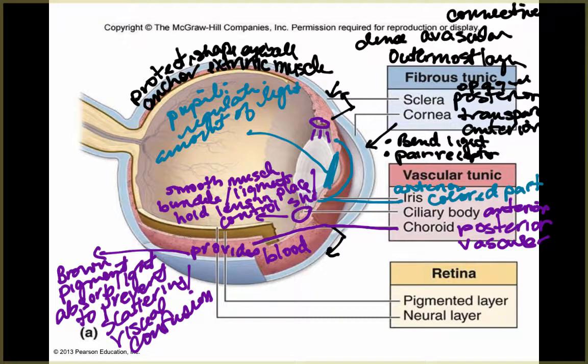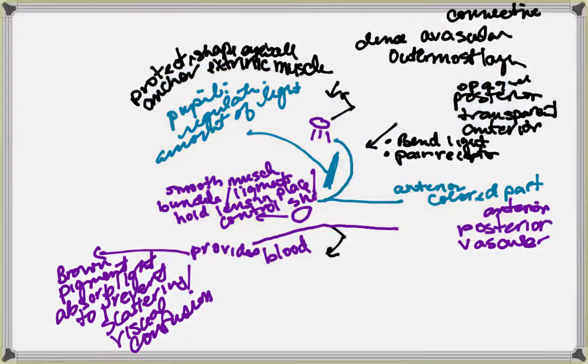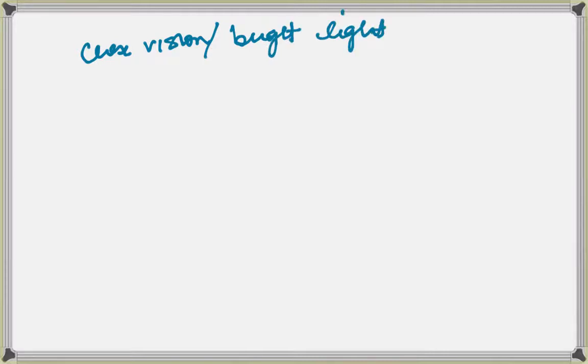So let me actually do this really quick. So the pupil, when you're looking at close vision or bright light, you're looking at the sphincter pupillae that is regulating it.